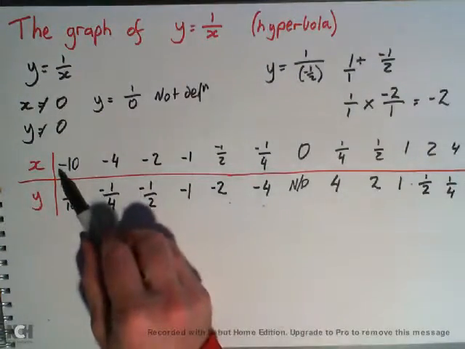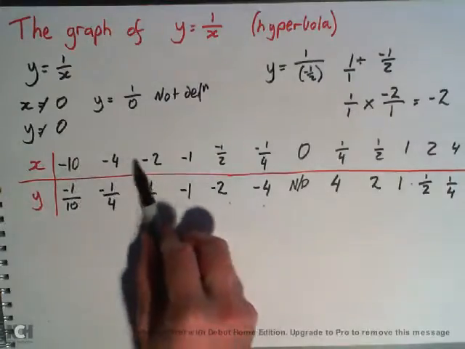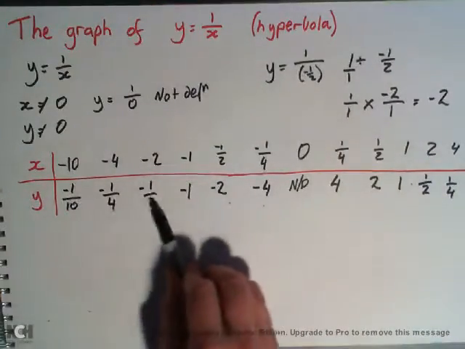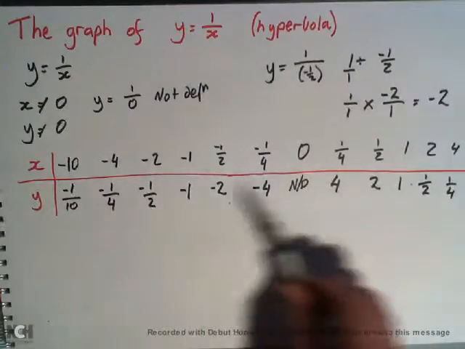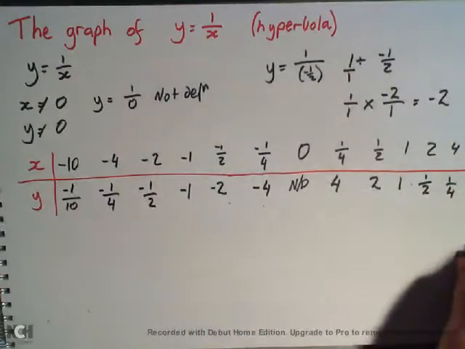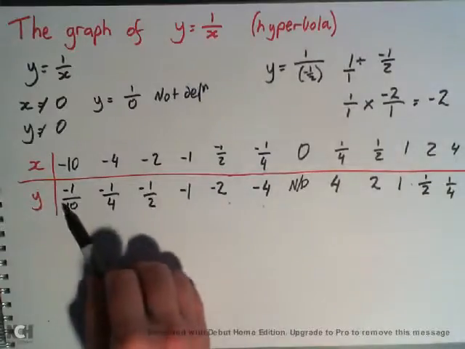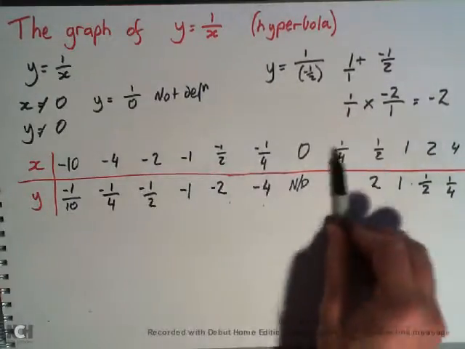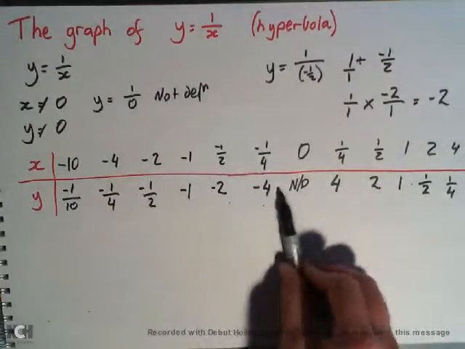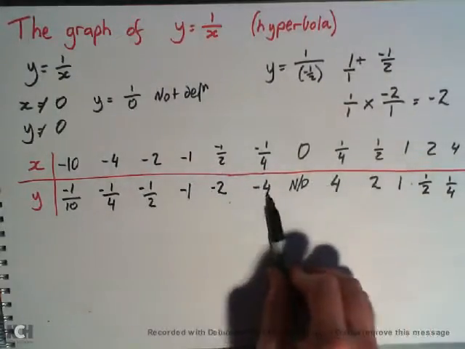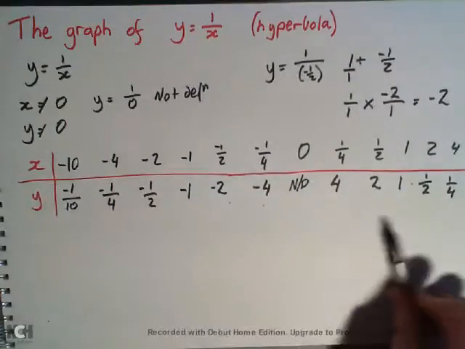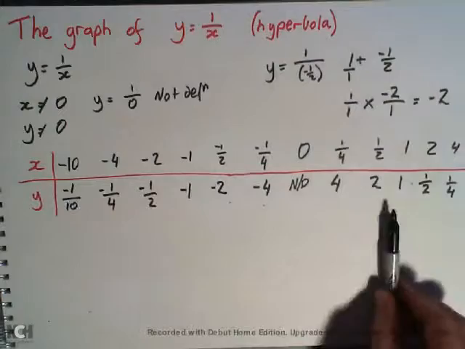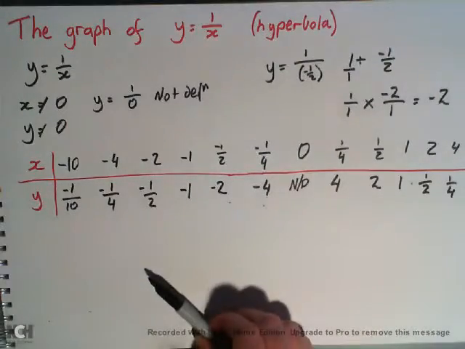For the larger values of x, these whole numbers here, we get a really small number the further we go along. Same thing over here, a very small number for our y values. In the middle here though, when we get to smaller numbers, so fractions and decimals, our y values become bigger and bigger. We obviously get a difference between the positives and negatives on either side as well.